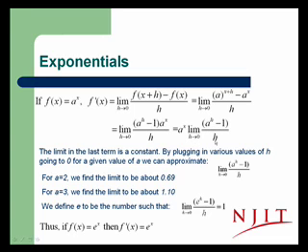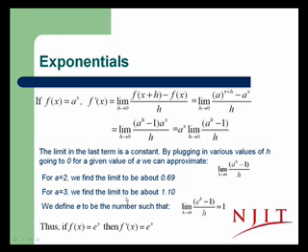It's a messy expression to try to understand, but it is a constant, and what we can do is, for a given value of a, we can plug in various values of h going to 0 and see what the value of this limit is approximately. If we plug in a equal 2 and plug in various values of h going to 0, we find the limit to be around 0.69.